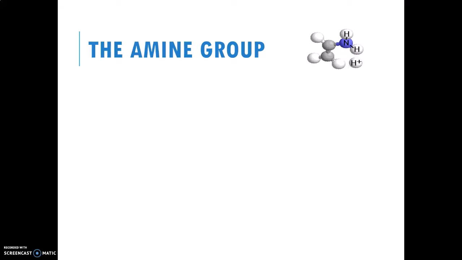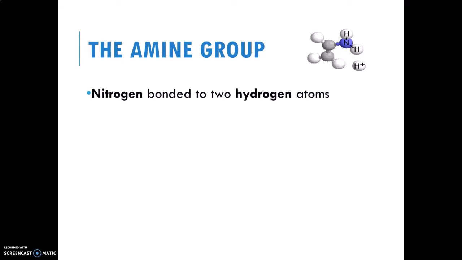Now we have our amine group. The amine group is going to be a nitrogen, which you can see in blue, bonded to two hydrogen atoms. Now notice in this diagram, it has a third hydrogen. This H plus is joining in, and that's because this group actually attracts hydrogen ions from a solution.